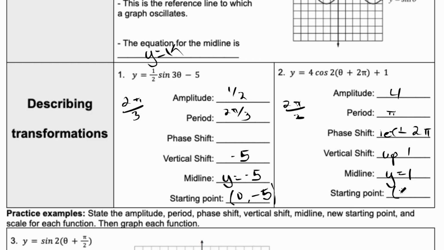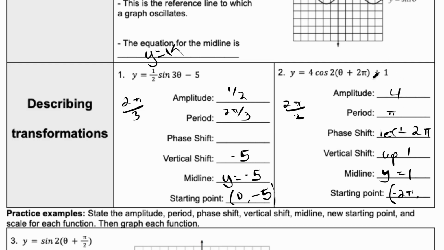So our starting point, yeah, we can do 0, 5. At least this is going to be our y-axis. I'd actually say it might be better for us to say our starting point would just be, since this is a cosine value, our horizontal shift, we're horizontally shifting left, so negative 2 pi.